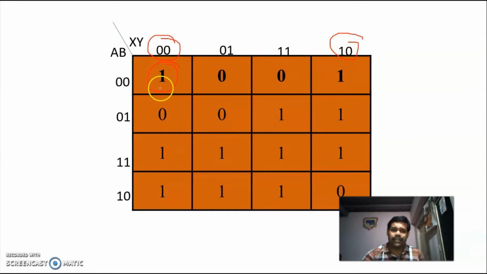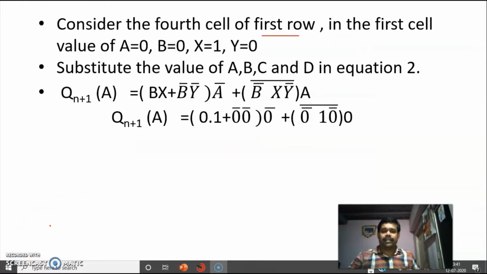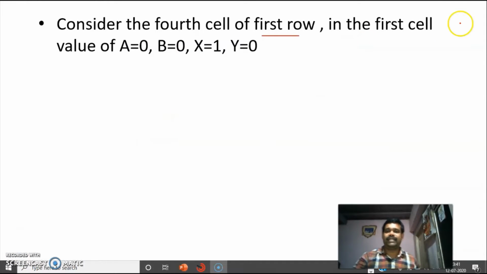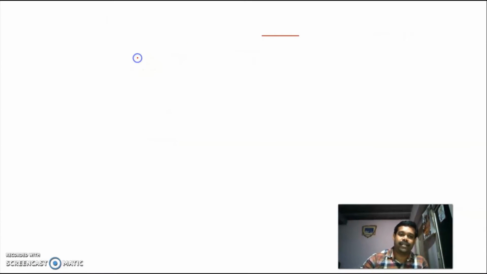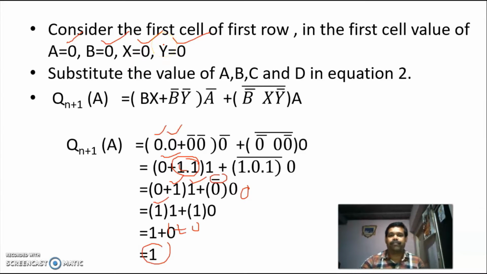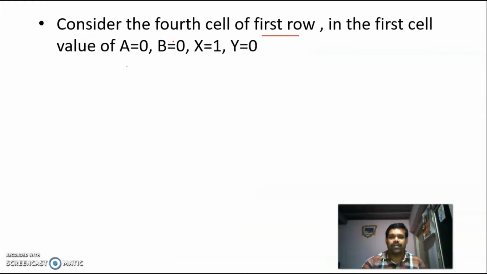For the fourth cell of first row, the value of A is 0, B is 0, X is 1, and Y is 0.